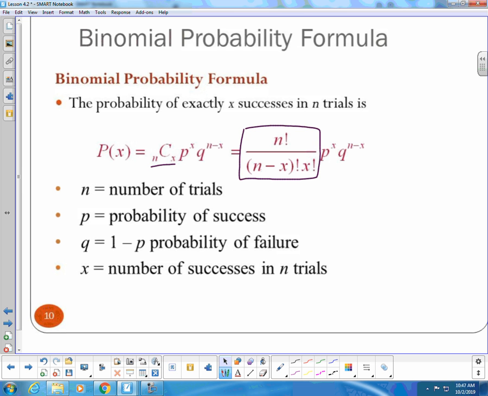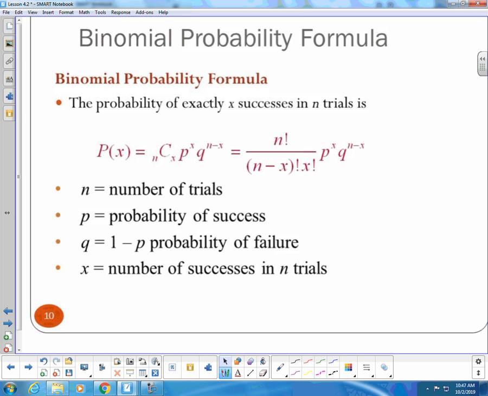Times the probability of success raised to how many successes you have, times the probability of failure raised to how many failures you had. That's all you have to do. Really not a hard formula at all. It looks more complicated than it is, truly.